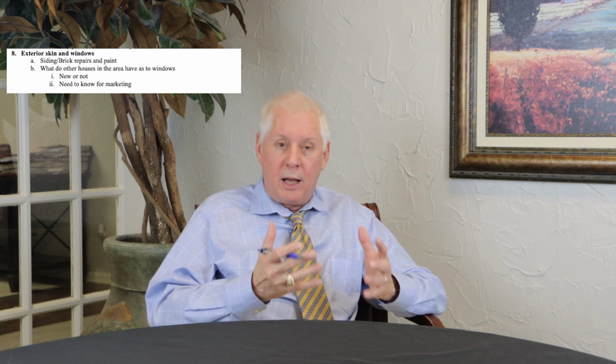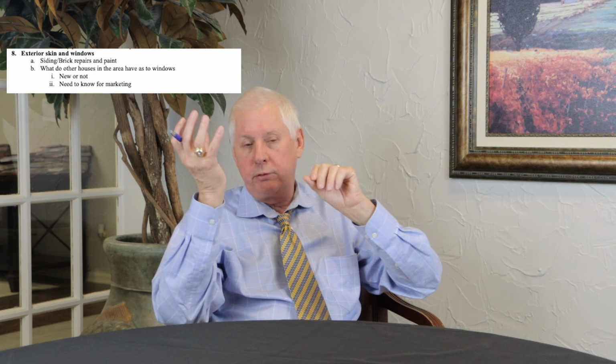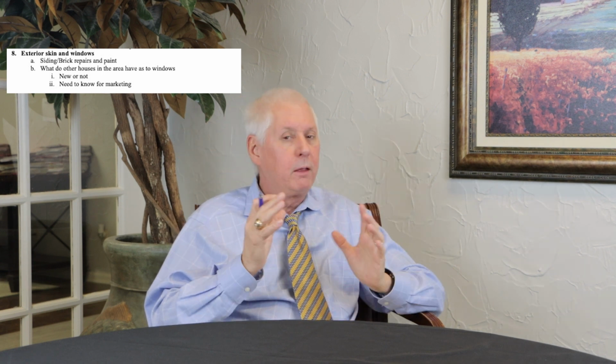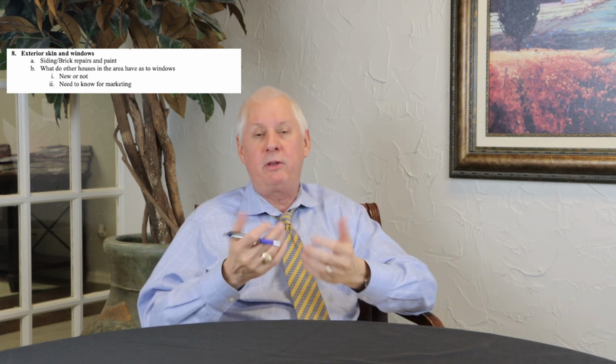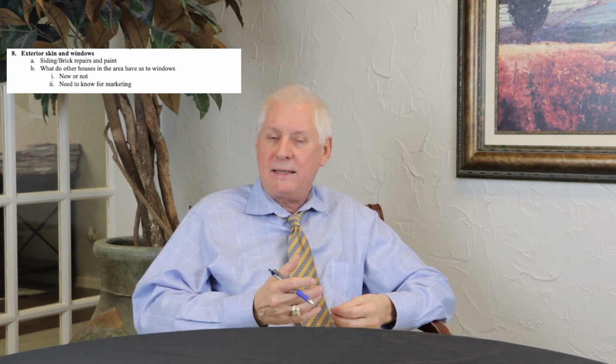And painting. Now, obviously, if I'm just painting the soffit, which is the under part of the roof, or the fascia, the front part, a lot less expensive than, of course, painting the entire house. And you've got to know the cost of paint out there because it has gone up substantially.